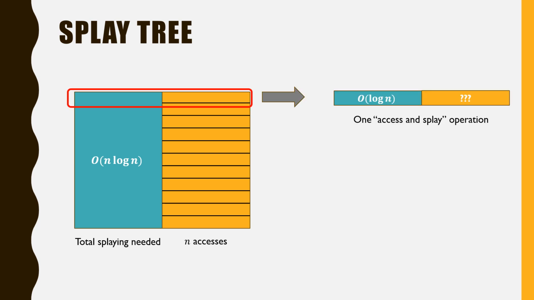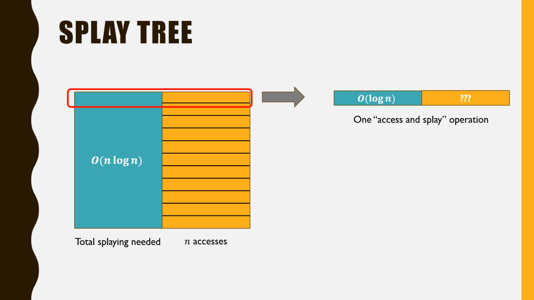To determine the number of splaying operations expected in each access and splay operation, we divide the total number of splaying operations, O(n log n), by the total number of access and splay operations, n. This gives an average of O(log n) splaying operations per access and splay operation.